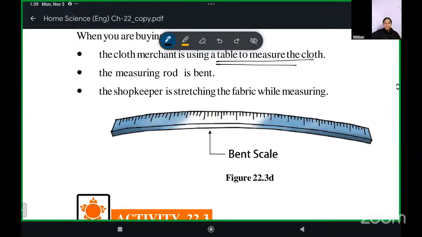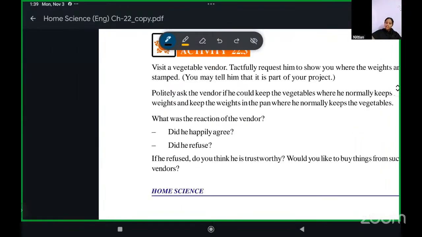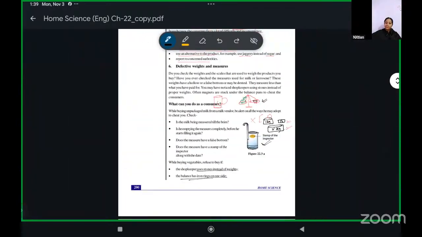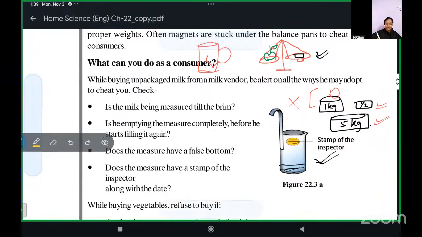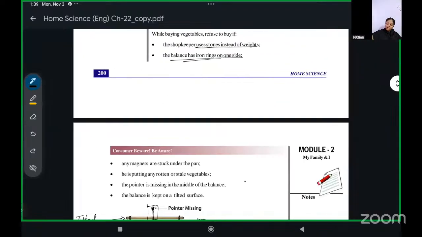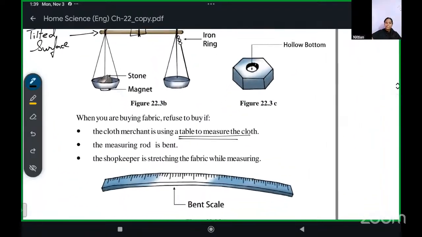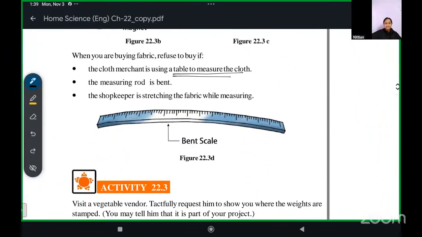If he's stretching and measuring, it is wrong. So these are the things you have to keep in mind as a consumer while buying vegetables, liquids, fabrics and milk. You have to be careful of these measurements.